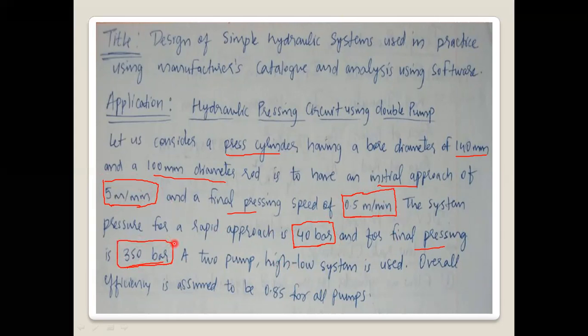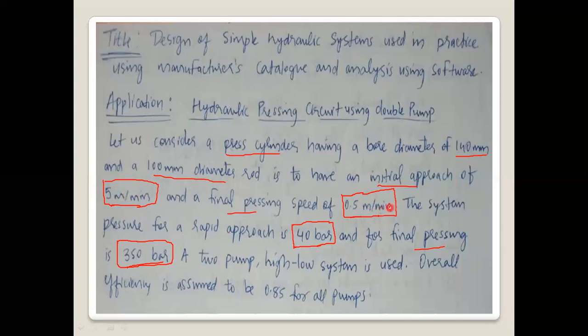From this we can conclude that the circuit for this application will be the double pump circuit. You can observe that 5 meter per minute is high speed, and high speed means high flow rate, so high flow rate and low pressure.